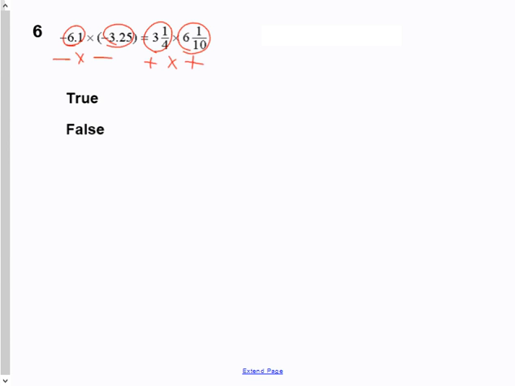But we know that the product is going to yield positive. So since they are the same numbers and they are multiplied and they're both positive, we can say this is true without working it out. They are the same numbers, just in different forms. And through the commutative property of mathematics, the order in which you multiply two terms does not affect the product. So therefore, we can say it's true.